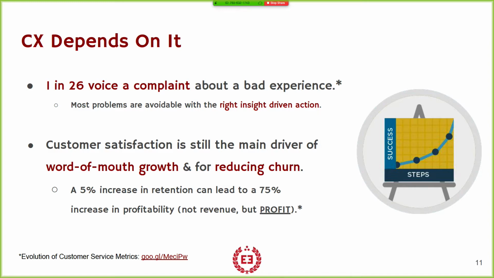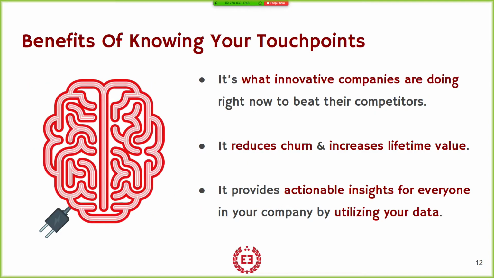It's really cheap to make sure that you keep them. And if you keep them over their lifetime, the value to you is huge. So a small reduction in churn, meaning an increase in retention, can lead to huge profit, not revenue, but profit for your company, even given the small sample you're going to get.